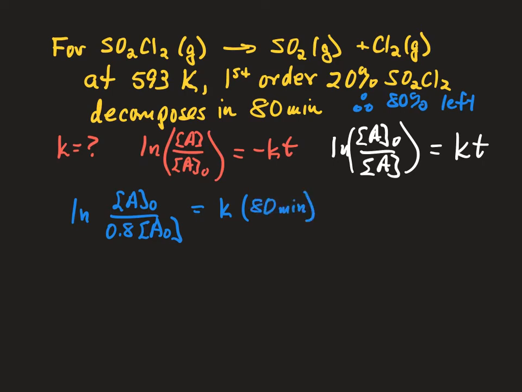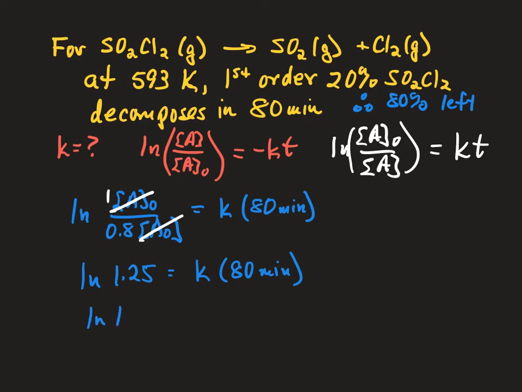And since these two things are the same, essentially we get 1 over 0.8, which is 1 1/4. So we have the natural log of 1.25 is equal to k times 80 minutes.